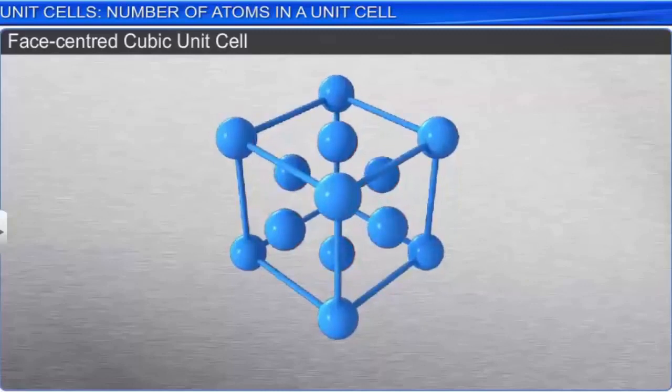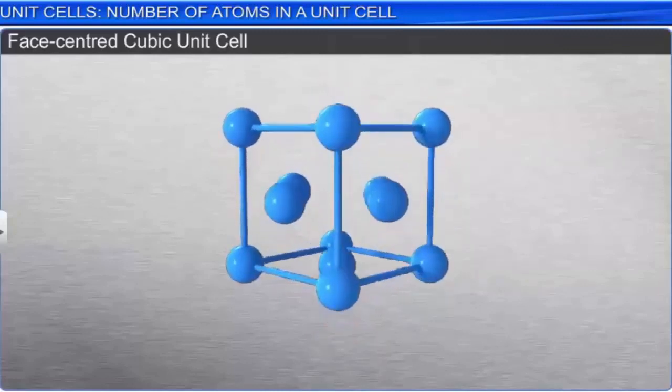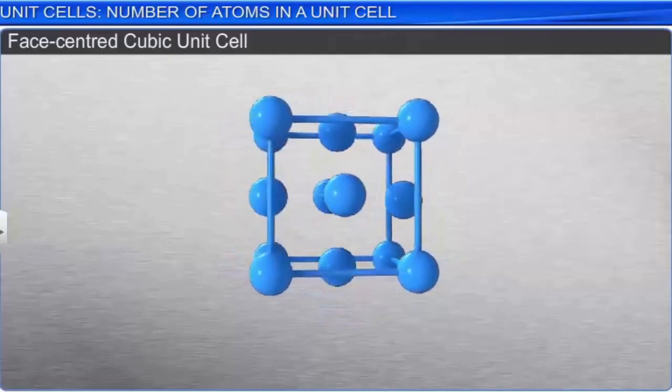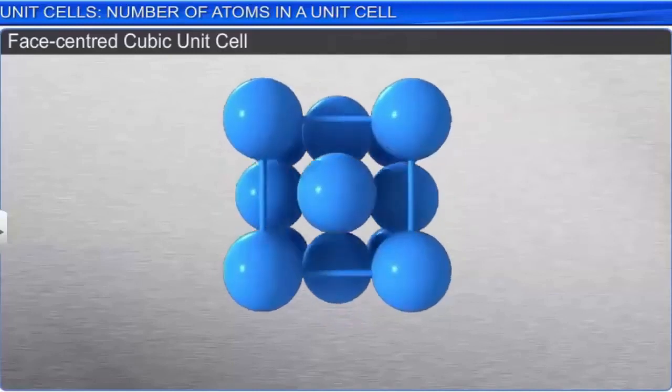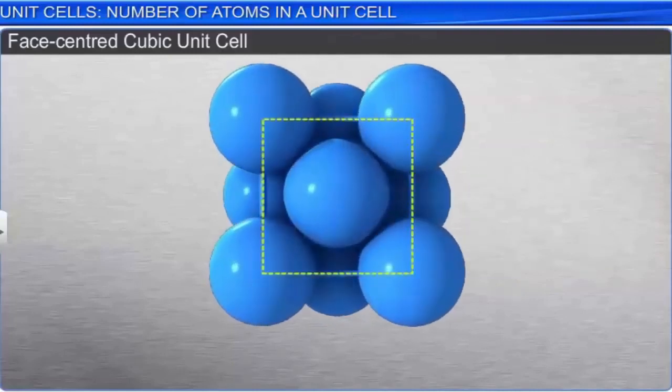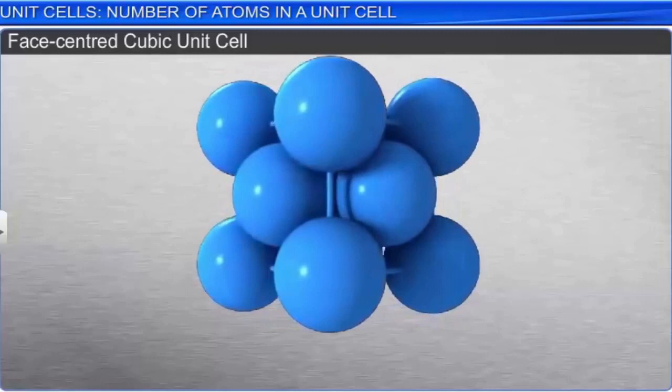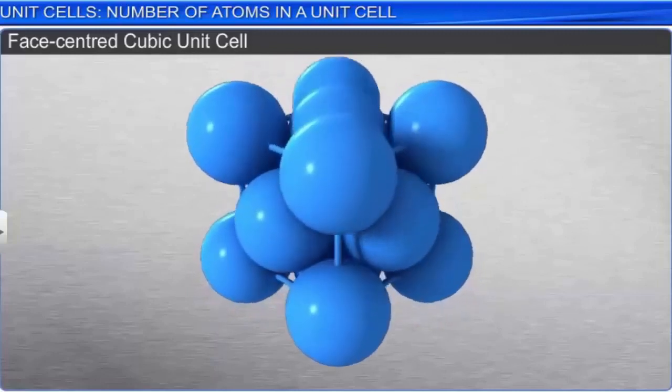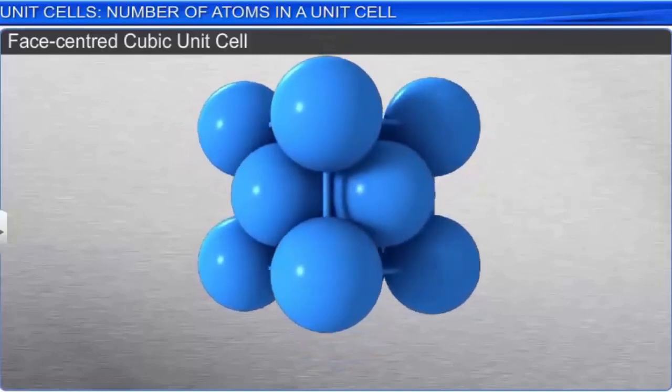The atoms touch along the diagonals, and each touches 4 corner atoms. A unit cell of a face-centered cubic cell is shown here.